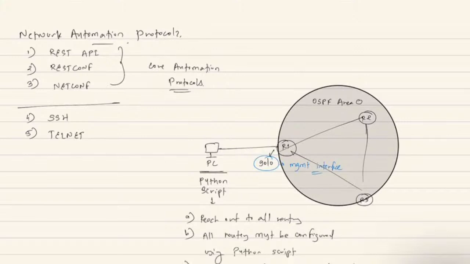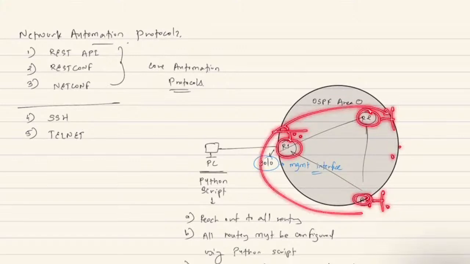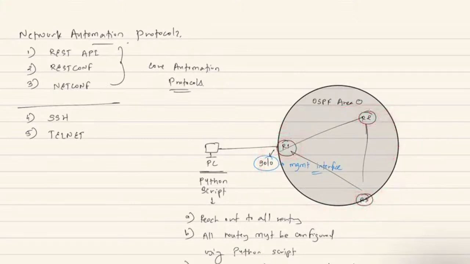Which means, when we're talking about networks on the back end, R1 having its LAN segment, R2 having its LAN segment, R3 having its LAN segment, the communication between these networks should be enabled, right? And for enabling that, you must have your OSPF or your routing domain configured in a proper way. And that's the goal of our Python script.